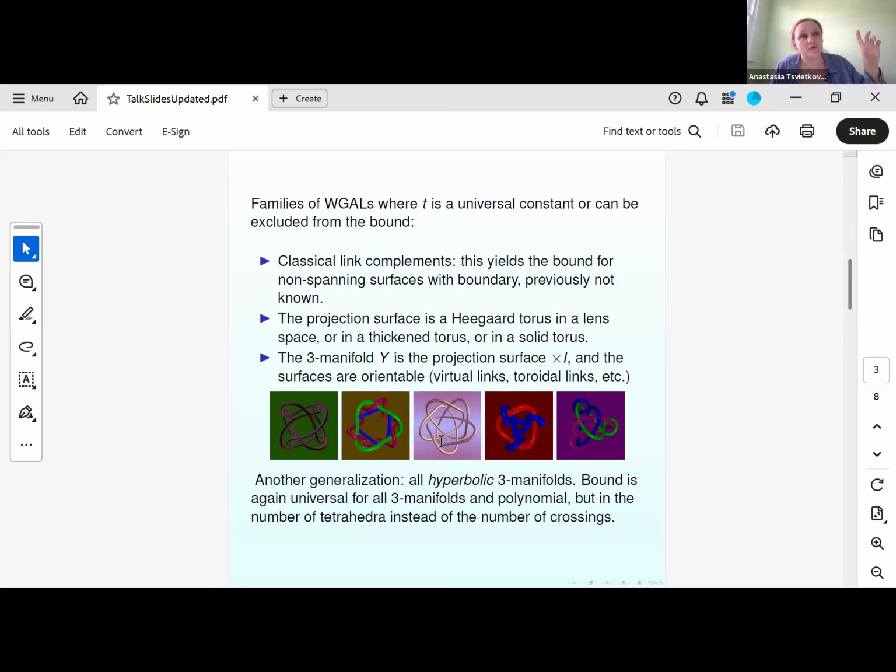And that bound just becomes a simple expression that depends only on the number of crossings and genus of the surface.